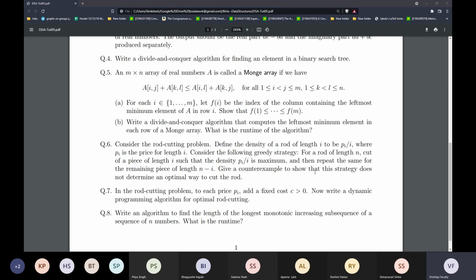Okay, so this is a counter example. Take these values of i and p_i.